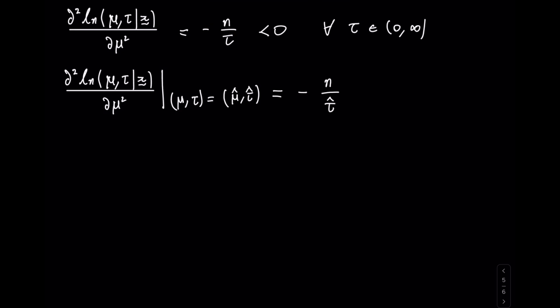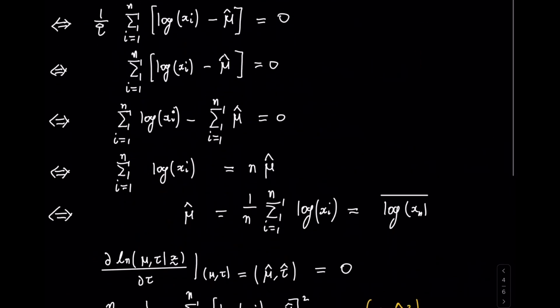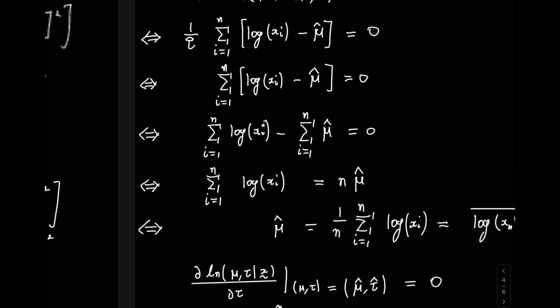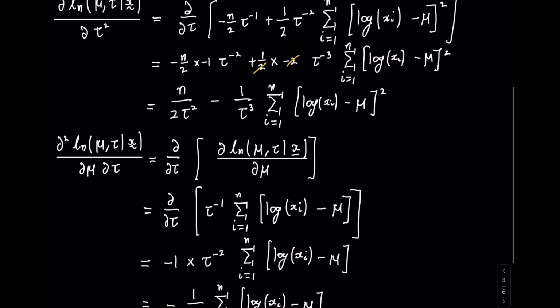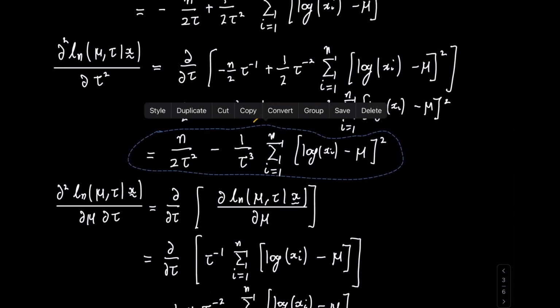Solved for that one. The second term that we had to prove in this component was the second derivative with respect to tau squared. So let's find out where we solved for that. That was here. So I'm going to take this particular expression.